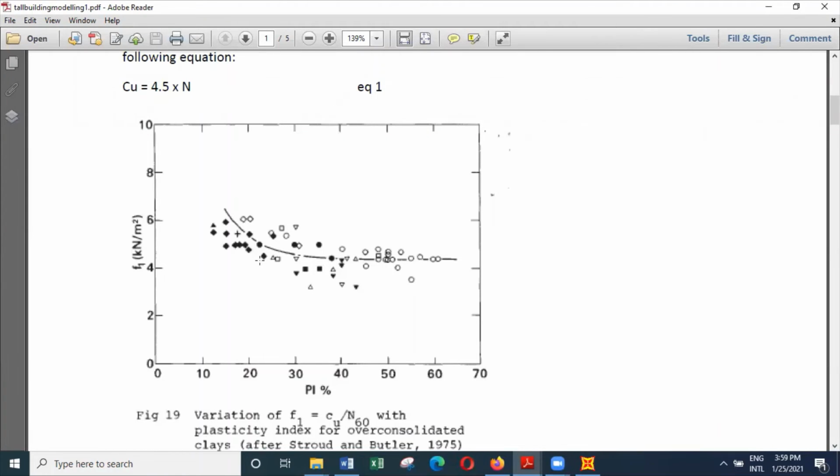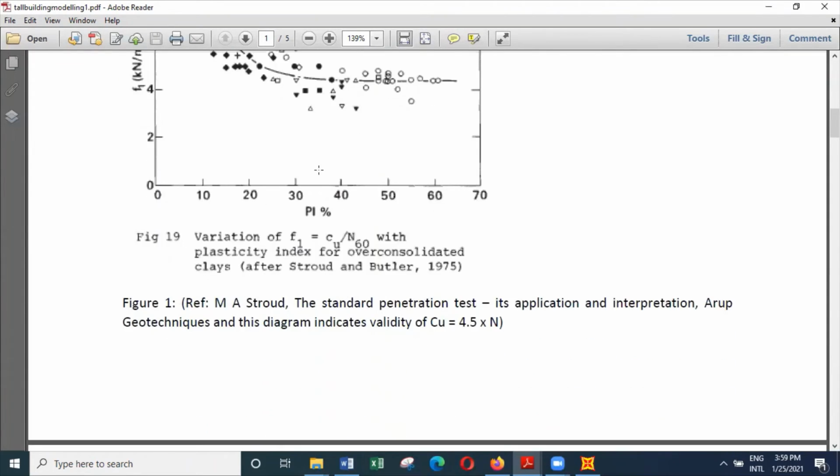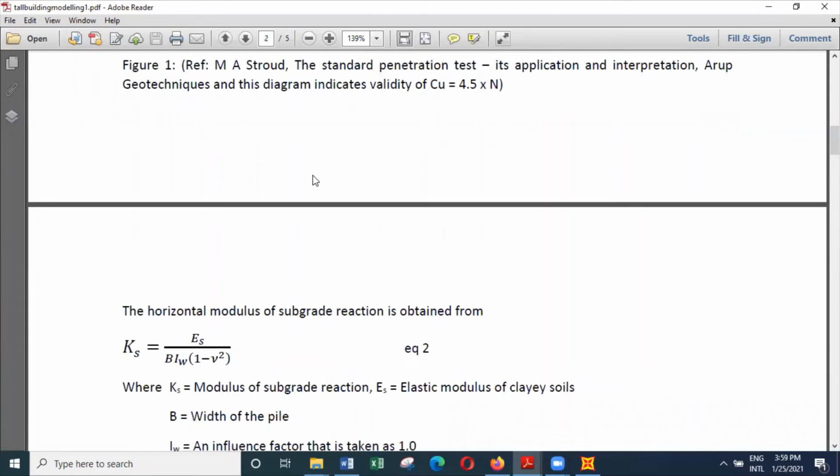So based on this particular chart, function F1 is Cu divided by N60. So basically, this shows that a value like 4.5 may be a very reasonable value. So Cu is equal to 4.5 times N. Some engineers simply say Cu is equal to 5 times N. So based on that, you can calculate the Cu value.